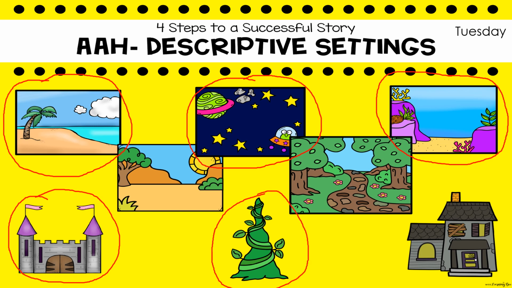That one reminds me of the fairy tale Jack and the Beanstalk, which you might have read before. Or we might even have a scary haunted house where some spooky things happen in the story. So these are just some examples of some descriptive settings that maybe you have already seen in stories or that you might use as ideas for your own stories.